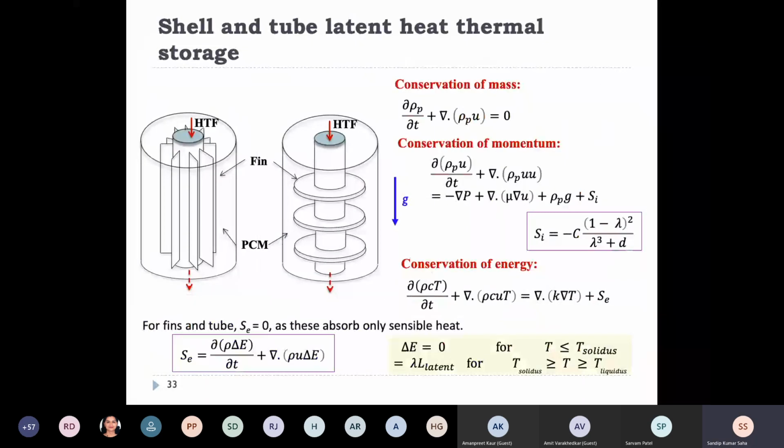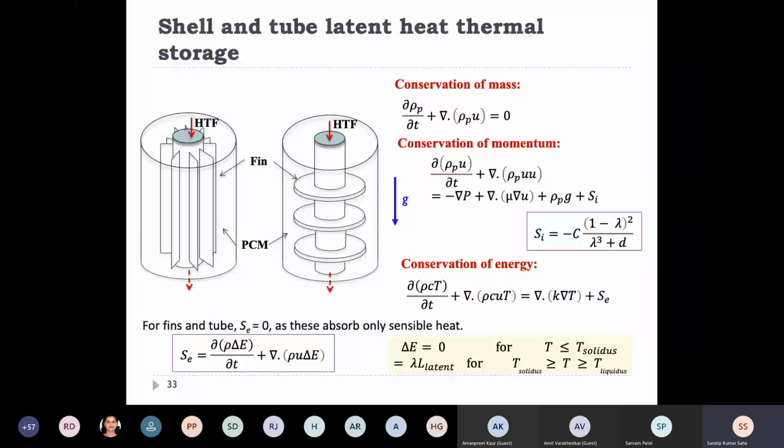Now first let us take the fin type. Here the fins are distinctive. It means they are present in the PCM and you can actually recognize them distinctly. So here I need not think of this fin plus PCM as some single fictitious material. I can model the fin as a separate material and the PCM as a separate material.